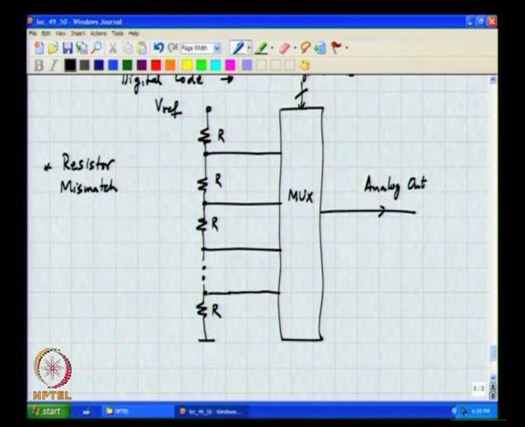Can you comment on what do you call the monotonicity of this DAC? Pardon? It is monotonic. This is inherently monotonic. All right.